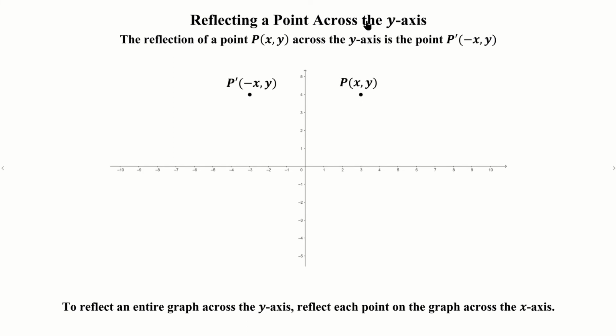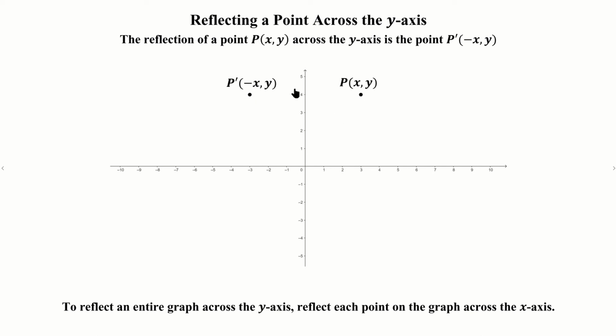Now, to reflect a point across the y-axis, what we need to understand is that the reflection of a point P of x, y across the y-axis is just going to be the point P prime of negative x, y. So here, you're just going to be dropping a perpendicular and moving the same distance around.